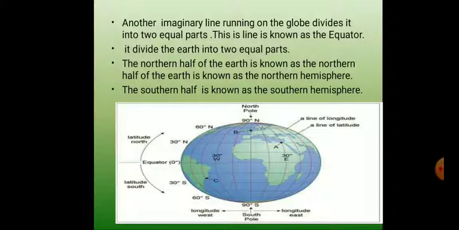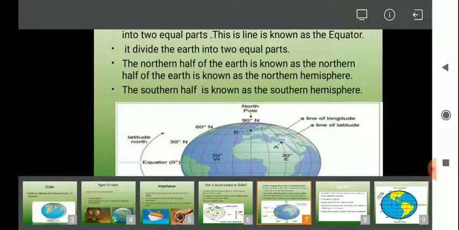And once again, the imaginary line which divides the globe into two equal parts is known as the equator.